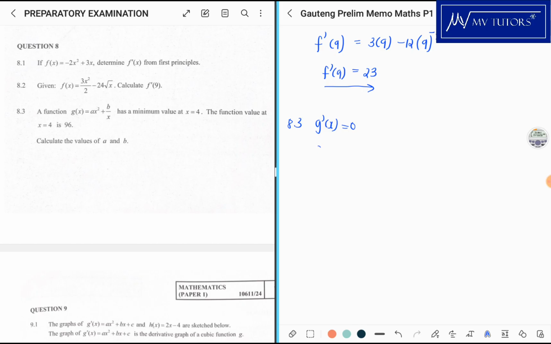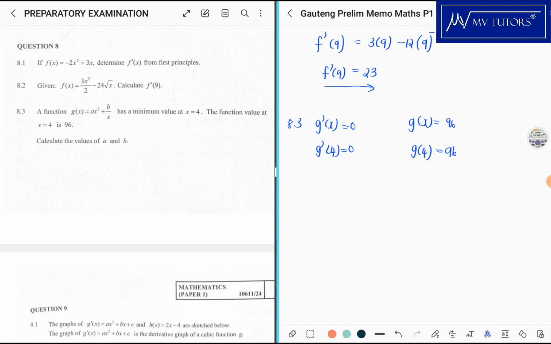And then the function value at x is equal to 4 is 96. So basically, g of 4 is equal to 96. Now what does it say? It says calculate the values of a and b.